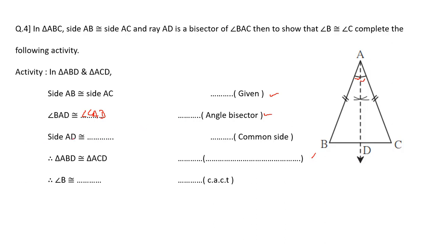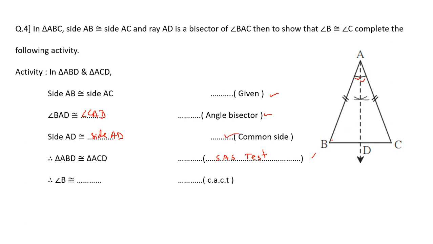Now side AD is congruent to side AD because it is a common side. So triangle ABD is congruent to triangle ACD by SAS test. Look here, side angle side, in this way.